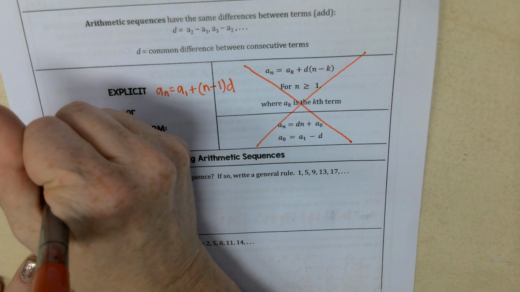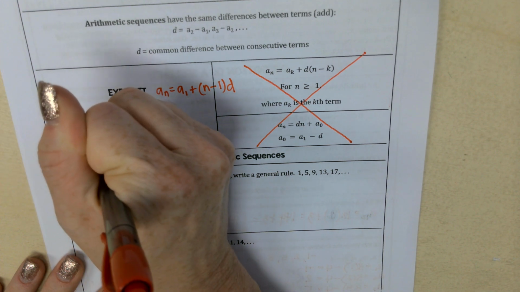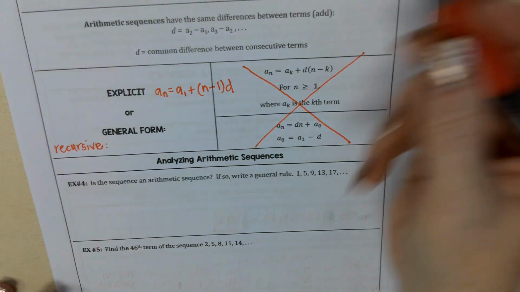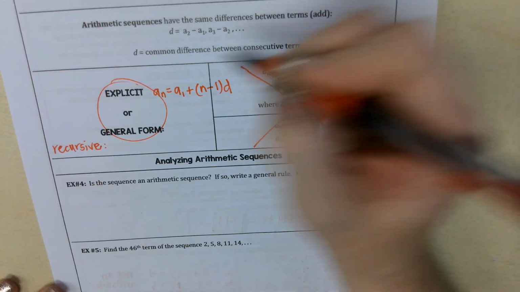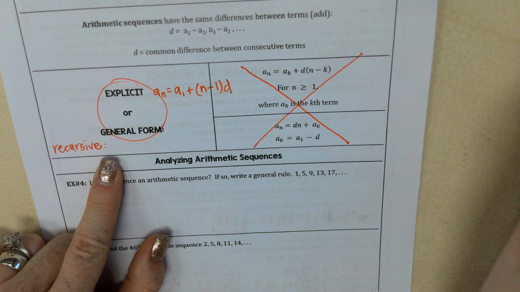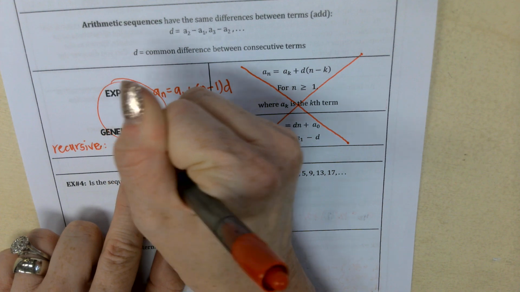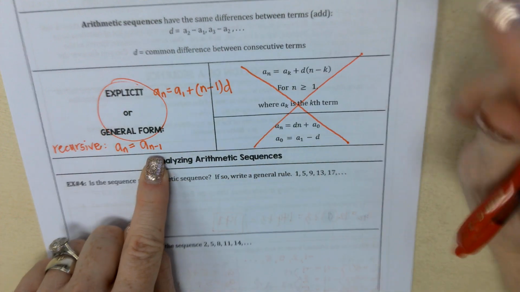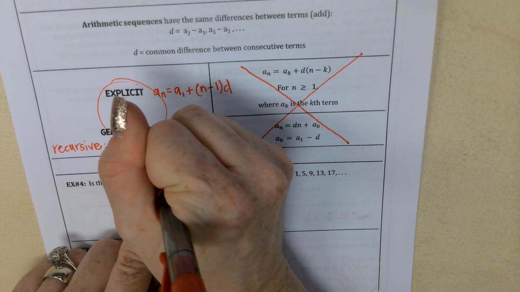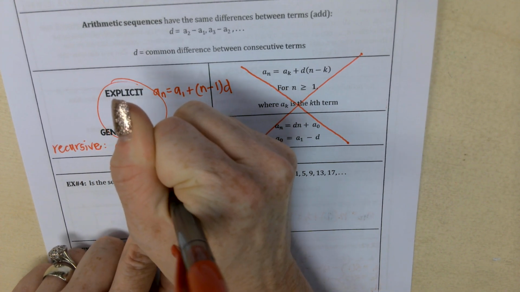Okay? Now, our recursive formula. Explicit or general form, that means the same thing. A recursive formula is the other formula we used in Algebra 1. What that does is it takes the term right before the one I want to find. So this right here is your previous term.